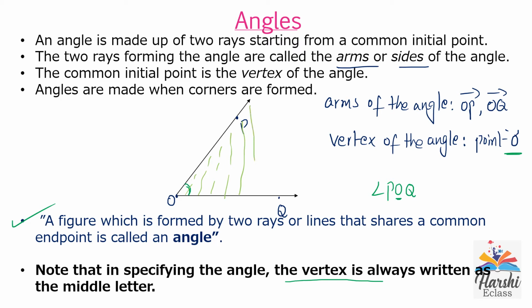This is called the interior of this angle. The outside part of this angle is called the exterior. But in circular figures, the interior part is limited, that is fixed. But in angles, it extends indefinitely, because these rays extend indefinitely. So the interior of the angle also extends indefinitely.